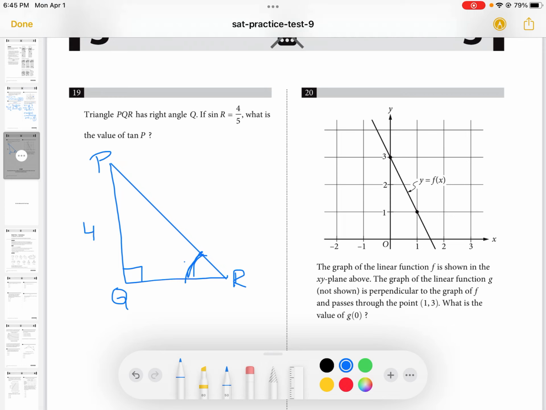So our opposite side would be 4, and our hypotenuse would be 5. Now this is a 3, 4, 5 right triangle. And we want the tangent of P. So the tangent of P is opposite over adjacent. That's 3 over 4.